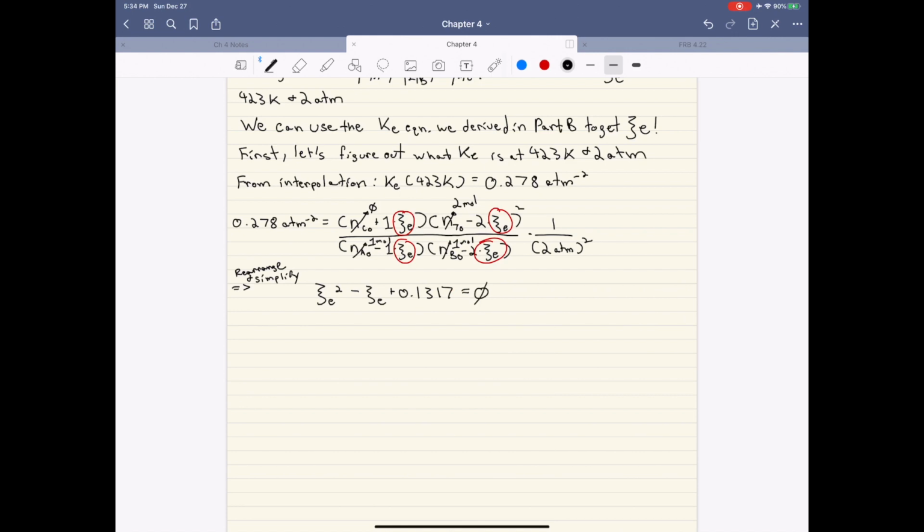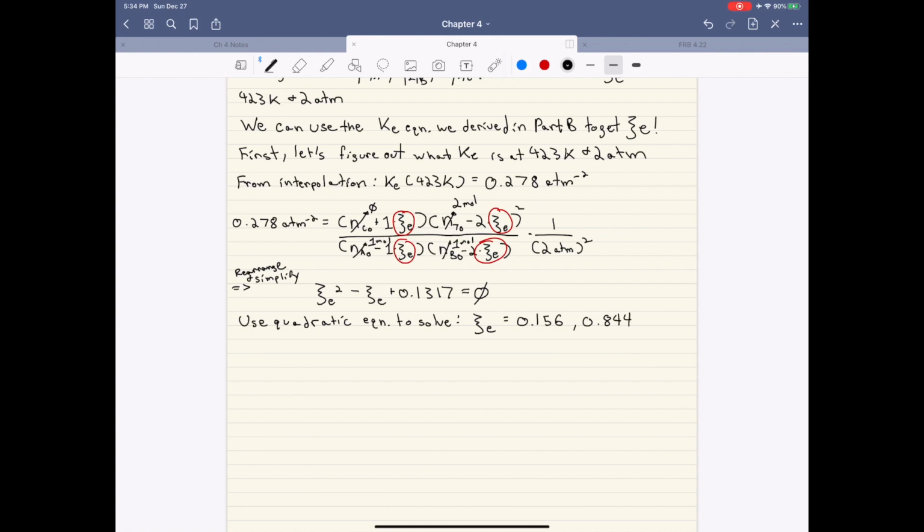Okay? And since we have a quadratic relationship, we just use the quadratic equation to solve for Kc sub E. And from the quadratic equation, we should get 2 roots. Okay?